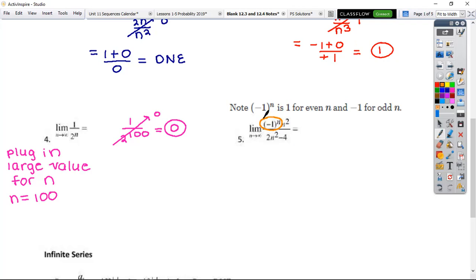So I want you to write this note down, or I'll copy it over here too. What you want to think about is that -1 raised to the n, if n is even, then if you raise a negative to an even power, it's going to make it positive. So this is equal to a positive value.